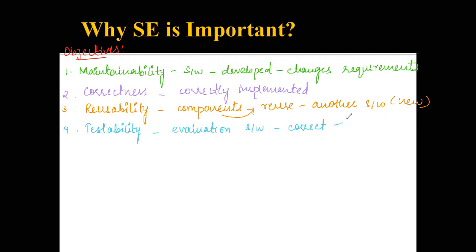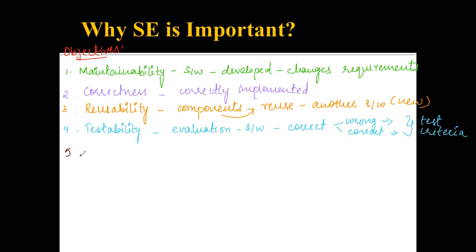You can give a wrong input and see what happens, and then give a correct input and identify what happens. This testing is called test criteria. So you're going to evaluate the software by means of different test criteria.